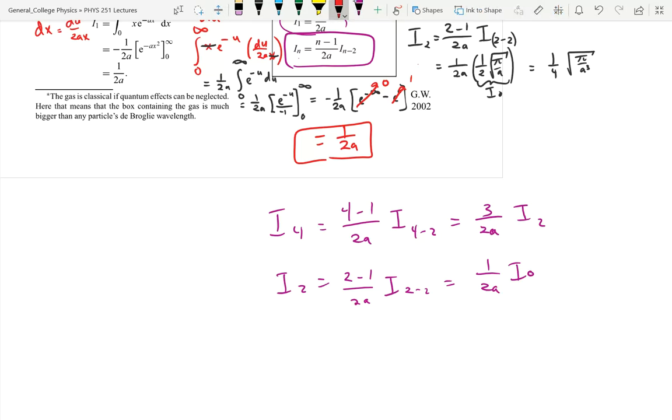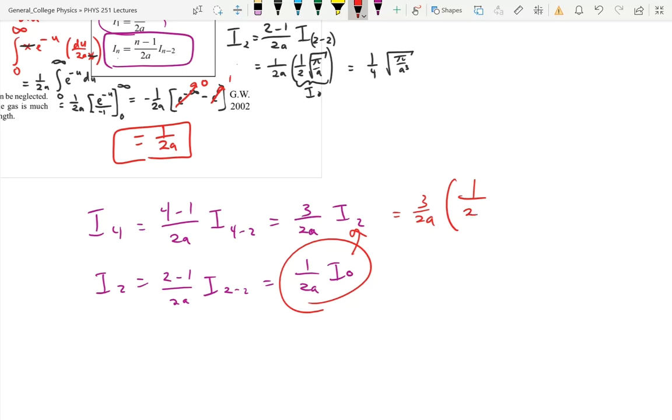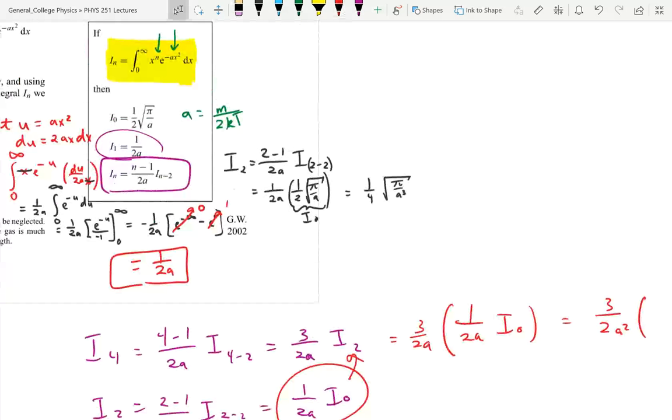So plugging that in, and then for I0, I look at this table.